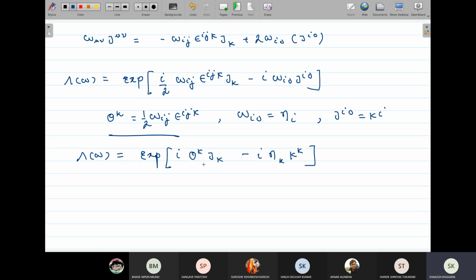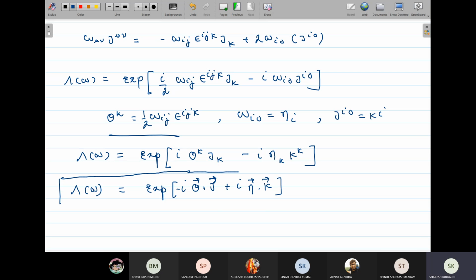This is nothing but, in dot product notation, exponential of i theta dot j, minus sign, plus i times eta dot k. So this is the expression for the generator of Lorentz transformation in terms of j and k.